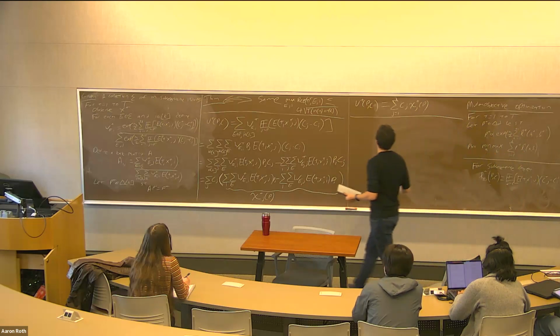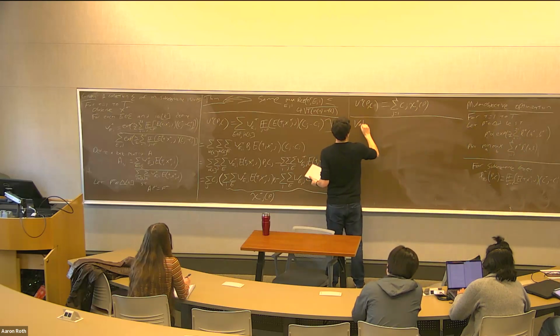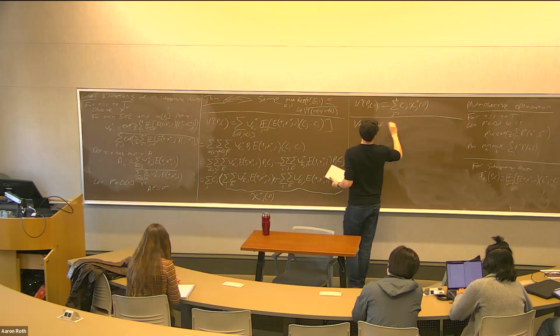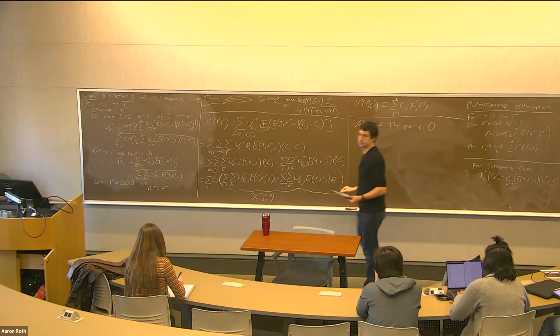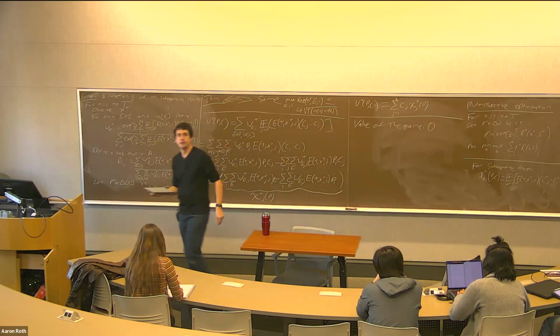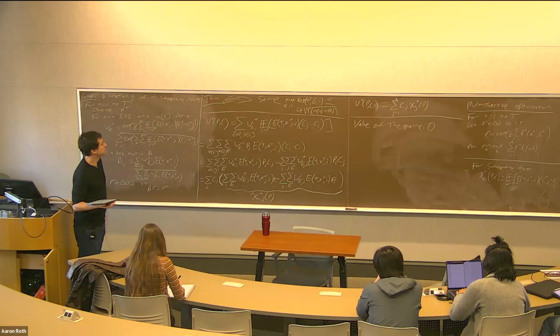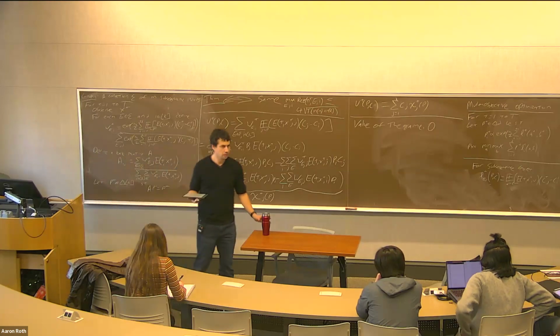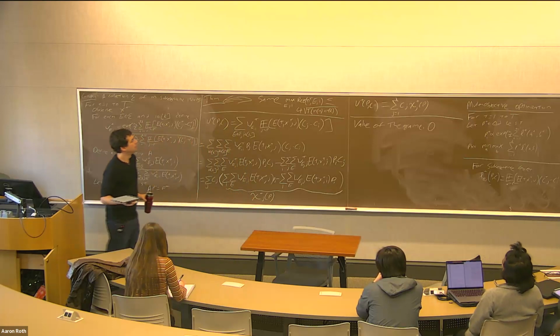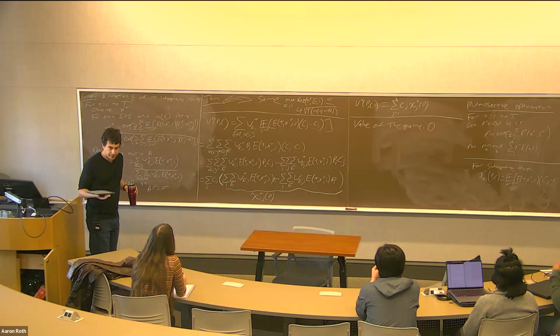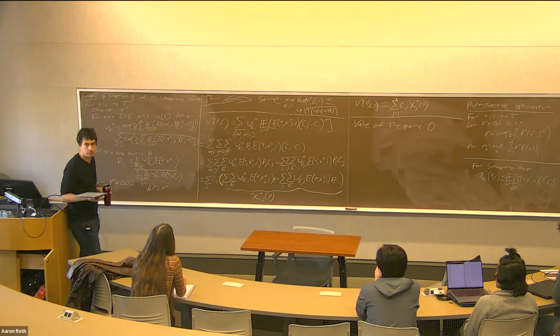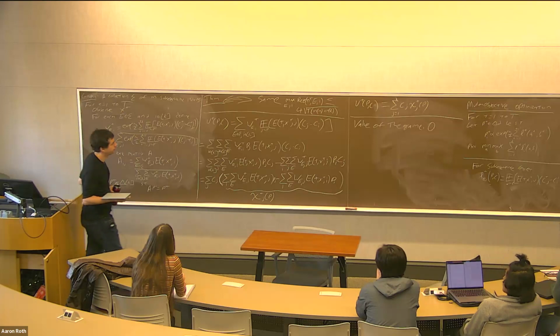Okay, so we know that the value of the game is 0. It's separably linear in adversary action and learner action.